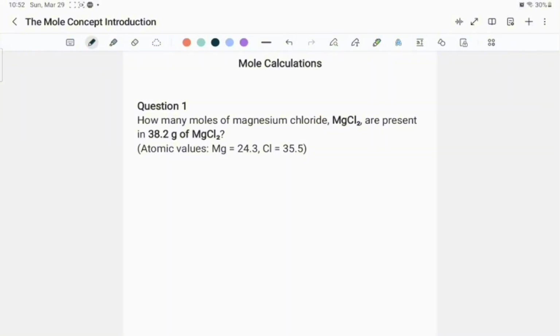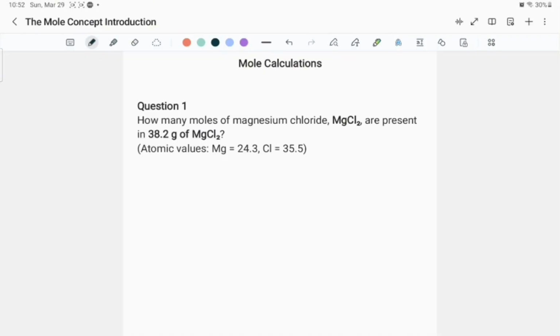Question 1: how many moles of magnesium chloride are present in 38.2 grams of magnesium chloride? What is important to note is, one, what is the question asking you, and two, what are you given?